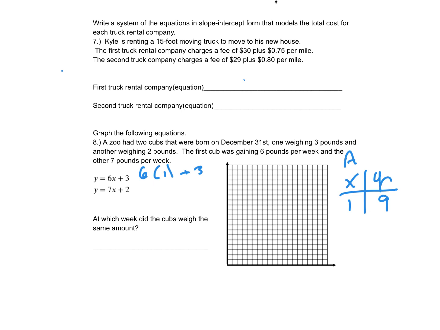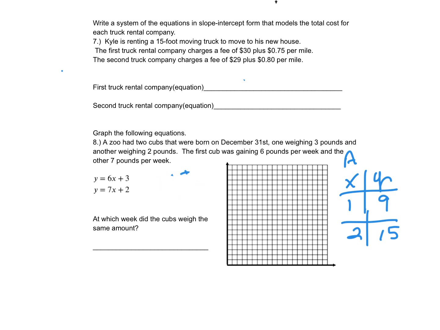Okay? Let's try another week for this cub, see how much he weighed at 2 weeks. So at 2 weeks, I have 6 times 2 plus 3. 6 times 2 is 12, and plus 3 is 15 pounds. He made some good weight gain there.